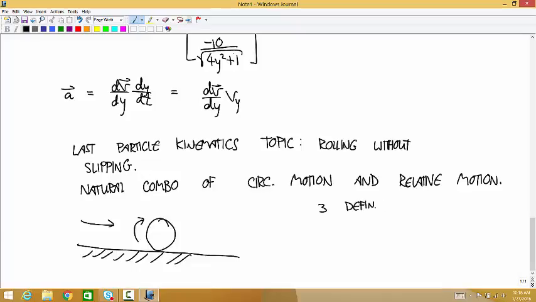The first one is that the velocity of the point in contact with the ground is 0. If it wasn't 0, then the velocity of the point on the wheel would be different than the velocity of the ground, and you can think of that as a definition of slipping. So at that point that they're in contact, they have to have the same velocity.